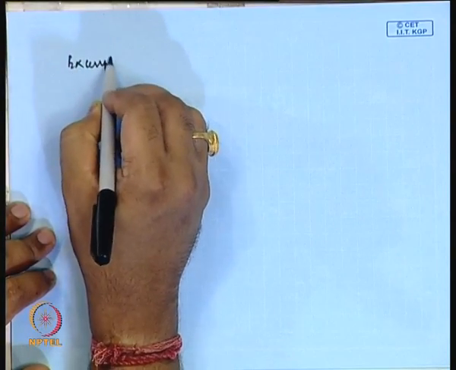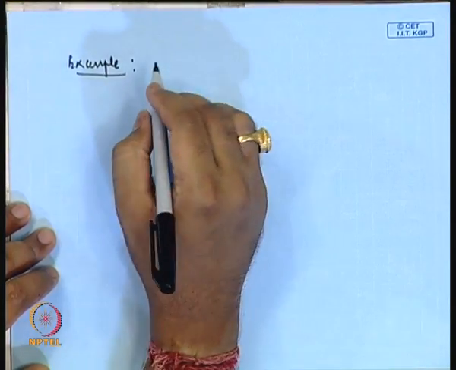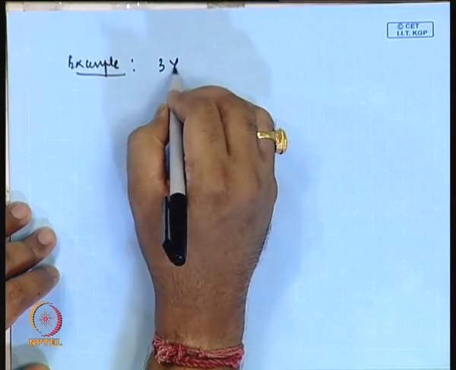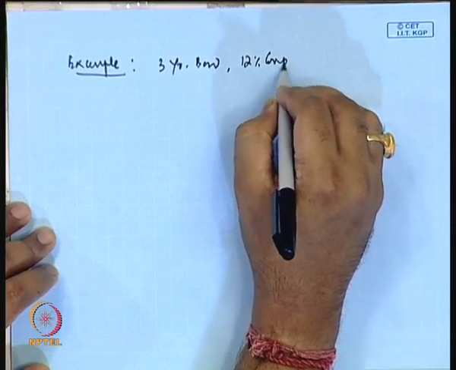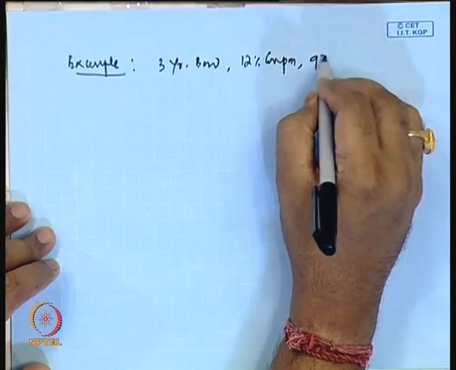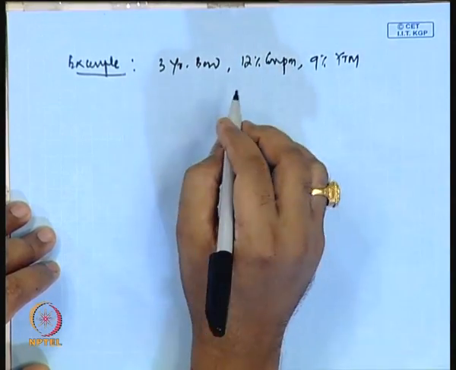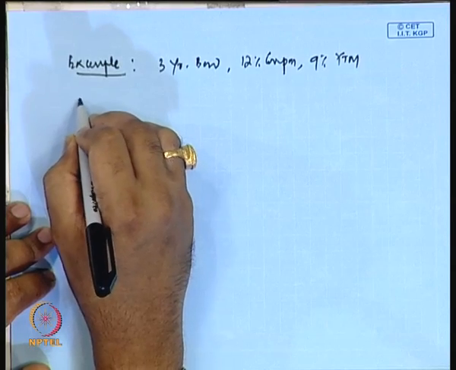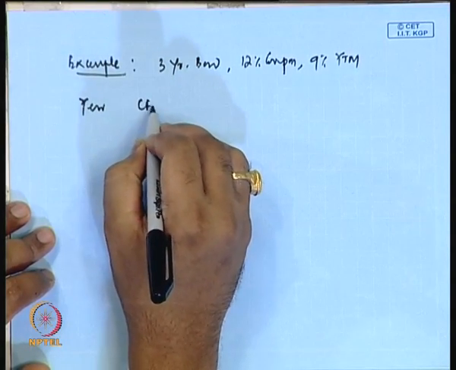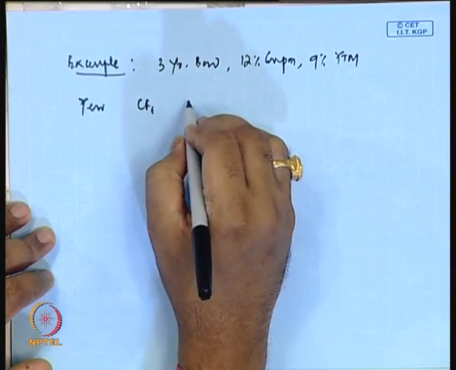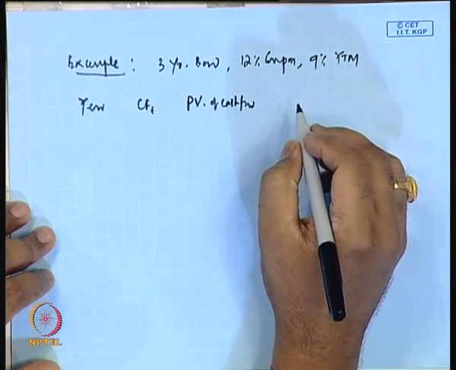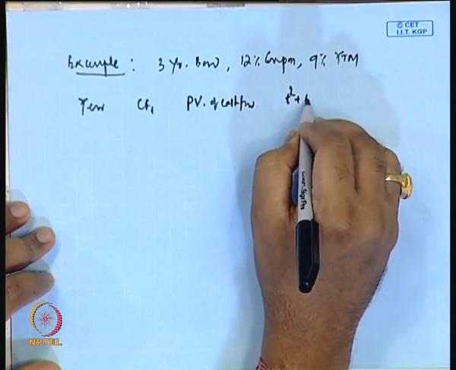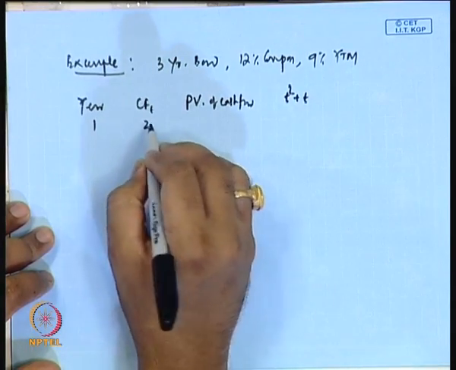Let us take an example to measure the convexity. Let there be a 3-year bond, with a 12% coupon and a 9% yield to maturity. Let this be the year, this is the cash flow, this is the present value of the cash flow, and this is t square plus t, for t equal to 1, 2, 3.